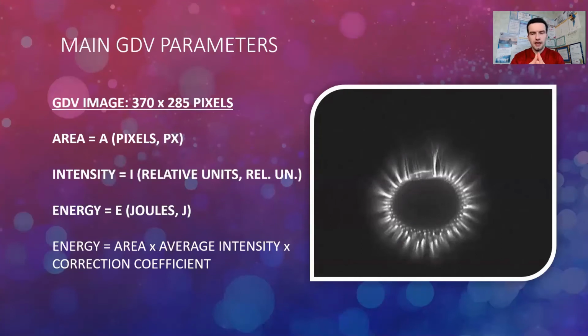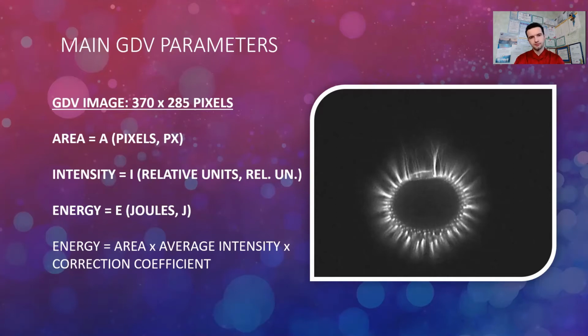So we have a digital image, like you see on this screen in a grayscale mode. Each digital image has pixels. In case of the Biowell, the size of the image is 370 by 285 pixels. Fixed. It's always 370 by 285.